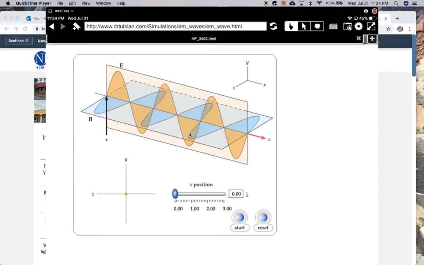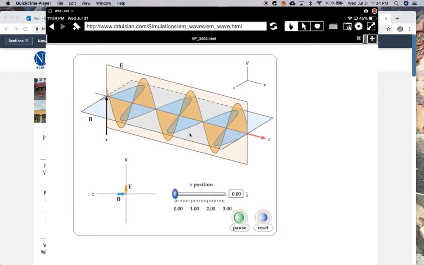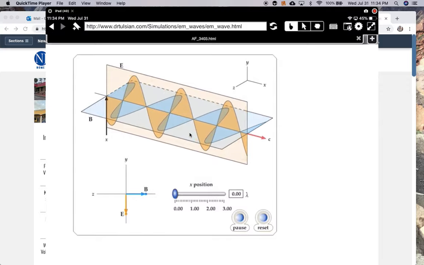We're looking at a particular frequency, and here's the electromagnetic wave coming at you. We'll start this.